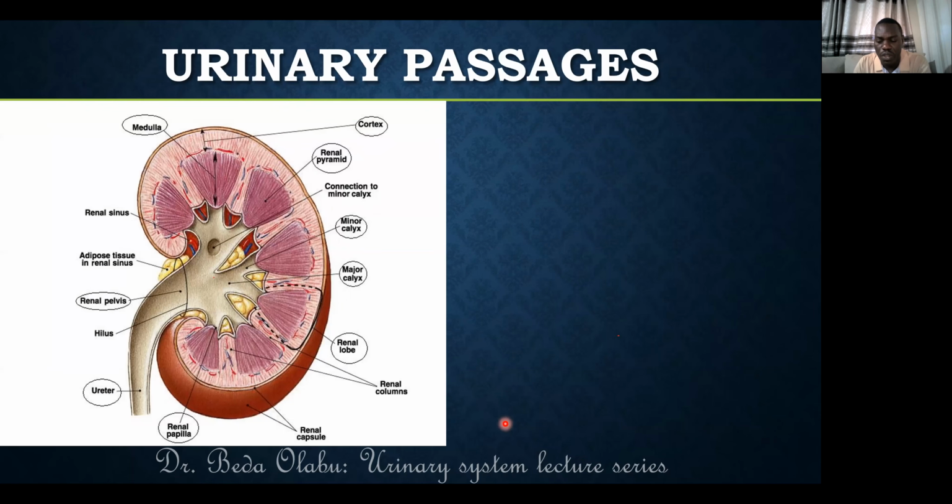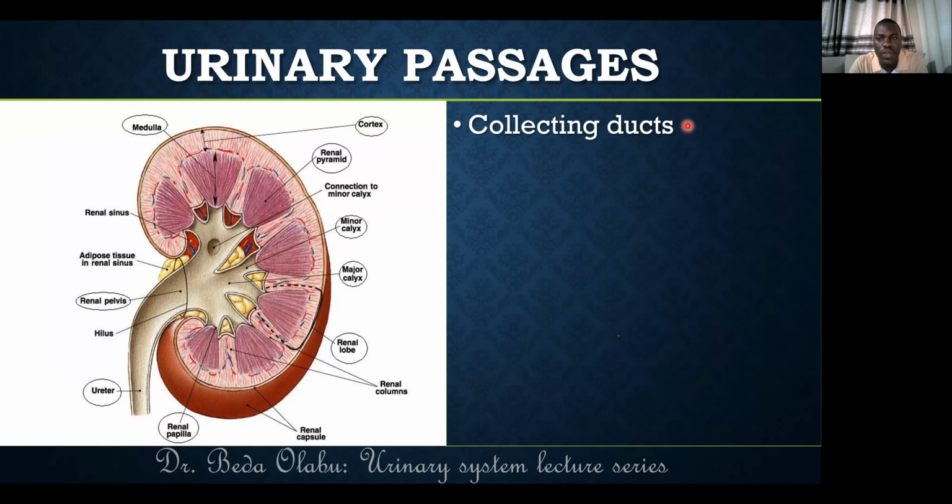So the anatomical components of the urinary system are these ones. We have the collecting ducts. Remember that urine is formed by the nephron. And when urine is formed by the nephron, that urine is delivered to the collecting ducts.